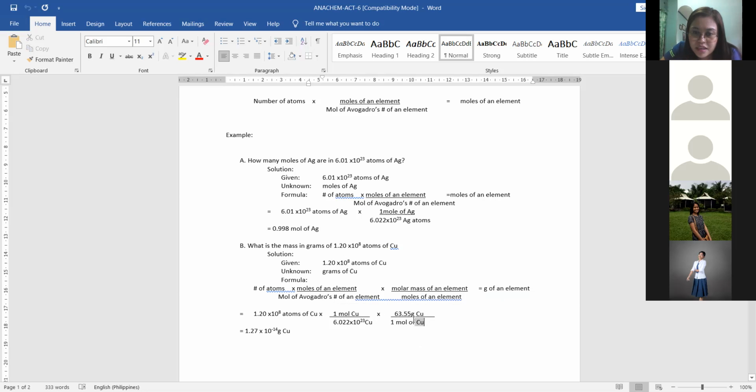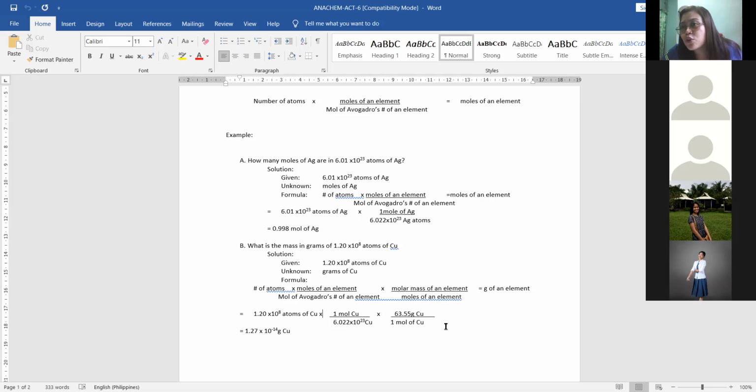Since grams is asked, you need the molar mass. For copper, it's not a whole number but a decimal, 63.55 grams of copper. So that's 63.55 grams per mole, with the mole in the numerator. So the atoms cancel, the Avogadro's number with atoms cancels, the mole also cancels, and the remaining unit is grams. You will notice that your answer is wrong if you cannot cancel the units.